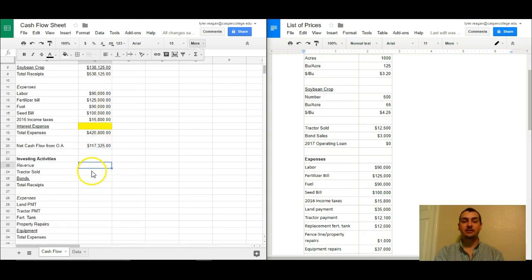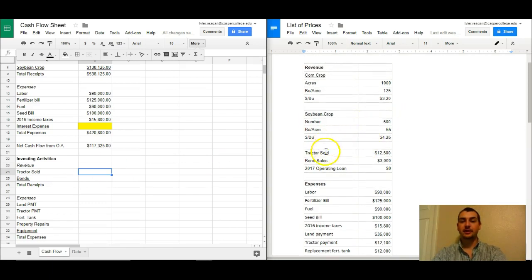So we get on into investing activities, and we're talking about selling a tractor and selling bonds. Both of those are assets to the farm or ranch. The tractor would be an asset in this farm. So therefore it goes under investing activities, whether we are dealing with assets. So a tractor, the sale of the tractor, if we look right here, is $12,500.